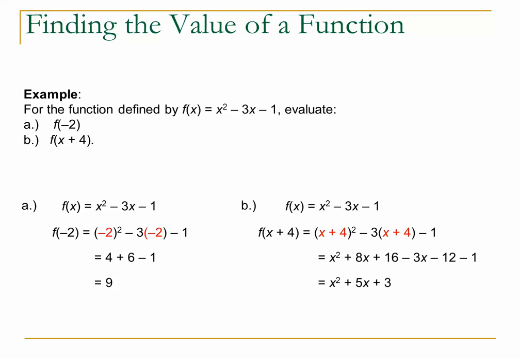You're not always going to be able to break it down to a number. If you're inputting a variable and a number, in other words, in this case we input a binomial, it's not going to break it down to just a number for you. So f of x plus 4 is x squared plus 5x plus 3.